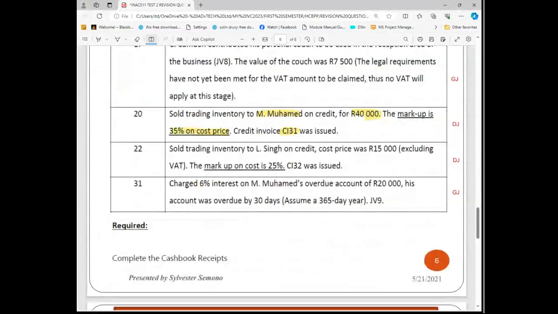On the 22nd, we have got another one. On the 22nd, let's highlight here.